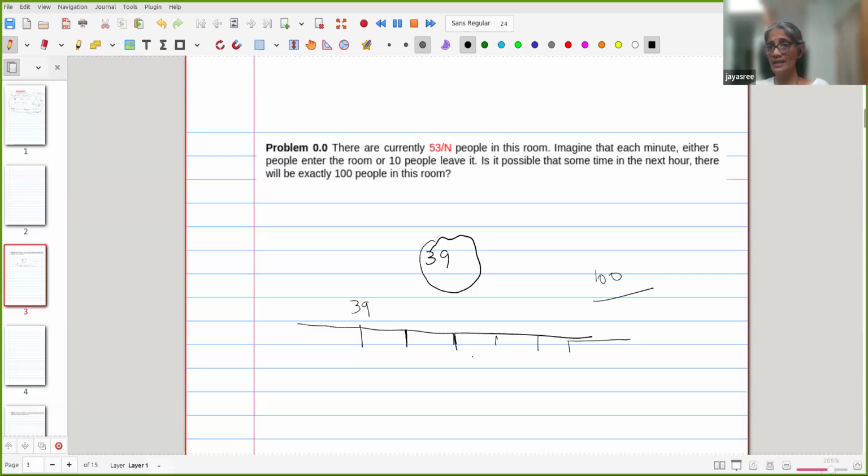In 20 minutes, can 100 people enter? Yes, first 10 people enter, then 10 people enter, then again 10. No, we have only 5 people entering. Sorry, 5 people enter, then 5 people enter, 5 people enter. So yes, 100 people can enter or 200 people can leave. Yes, that's right. That is possible.